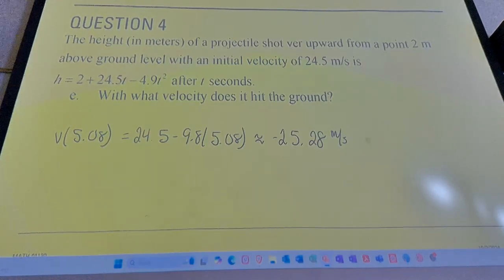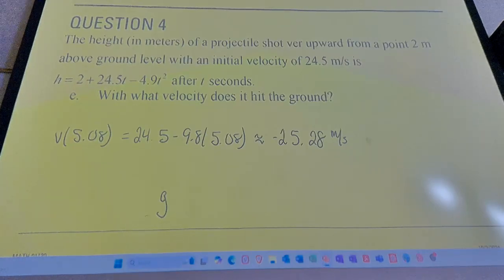What does little g represent? Approximation for the force of gravity on Earth's surface. Not the force, that's your weight. Little g is acceleration due to gravity on Earth.